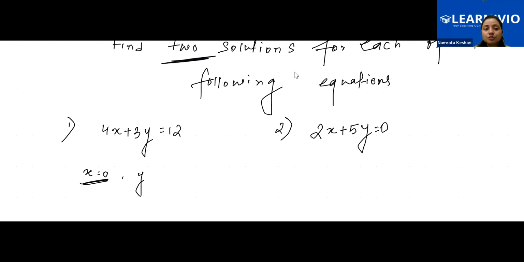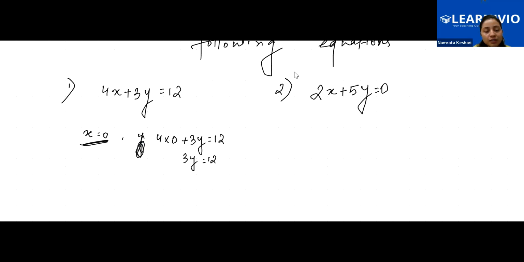So when x equals 0, we substitute. It will be 4 into 0 plus 3y is equal to 12. That means 3y is equal to 12, so y is equal to 12 by 3, that means 4.